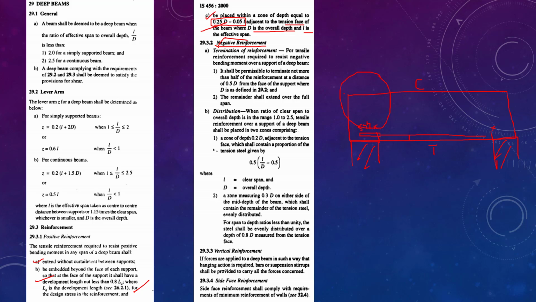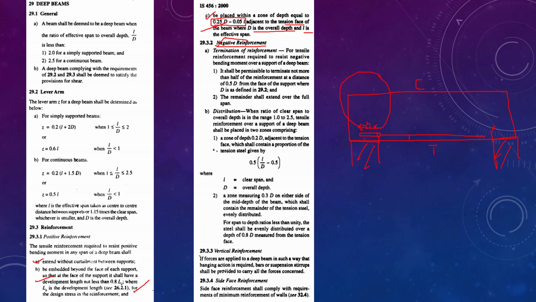So for this problem we are skipping 29.3.2. The first portion is regarding the termination of the reinforcement, and the second is on the location and distribution of the reinforcement. You can go through these clauses if the question was asked for a continuous beam.